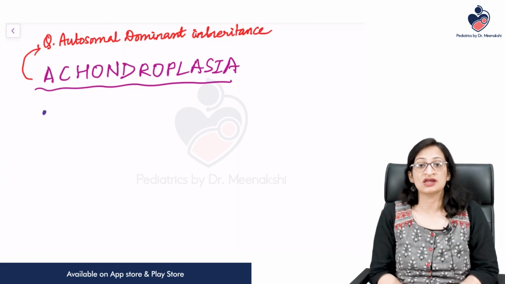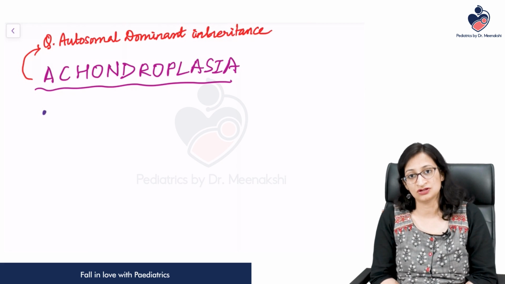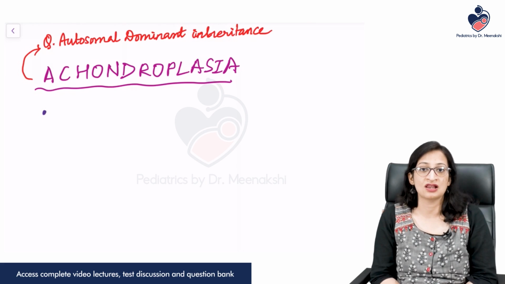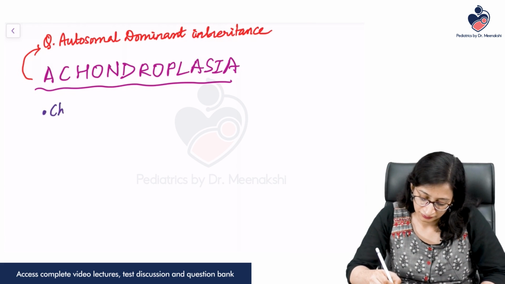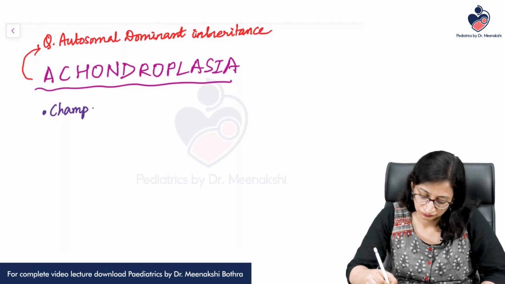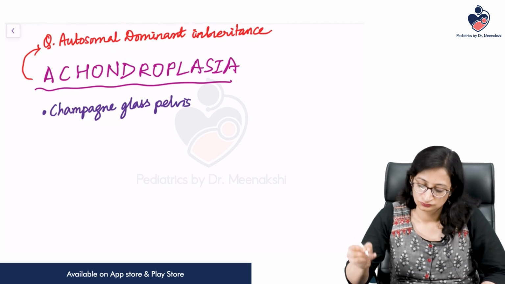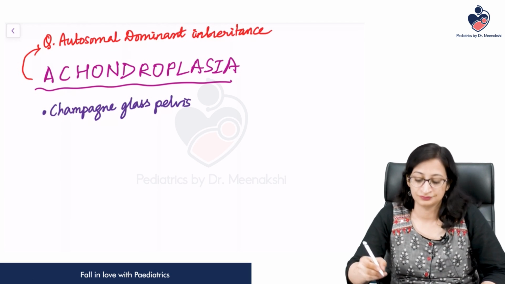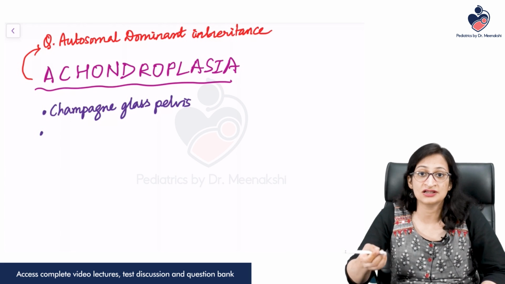So if you do an X-ray pelvis in a child with achondroplasia, we get something known as champagne glass pelvis. There is a hand abnormality that you get in children with achondroplasia that is called trident hand.